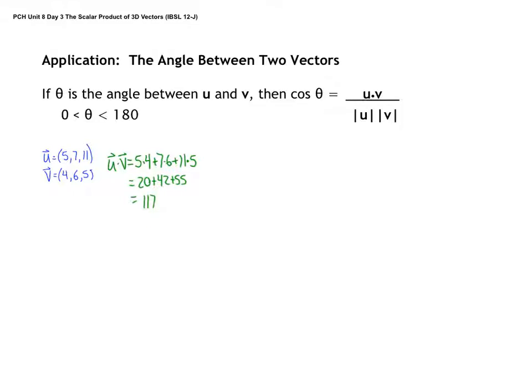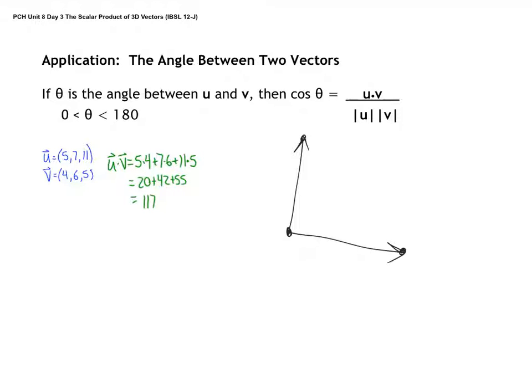So, here's the deal. The reason why the angle between vectors is no different in 3D than it is in 2D is because, if you think about it, we have one vector here, and we have another vector here, and what do we have? We have 1, 2, 3 points. So even though it may not be on the xy plane or the yz plane or the xz plane, it might be on a plane that's going diagonally through space, but it's still all on one plane.